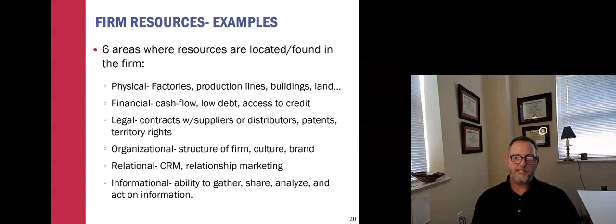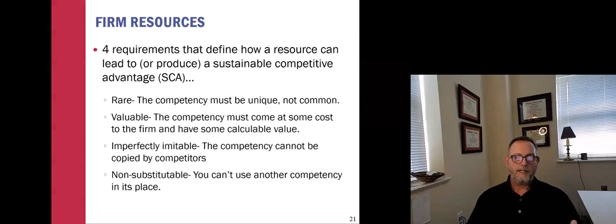The other thing is there's a test that we use to tell whether something's a resource or not. And this has been duplicated in a couple different ways. I'll show you this one first. It's rare if the skill does not exist everywhere. It's valuable if it has come at a cost, suggesting that it's not easily attained for free.